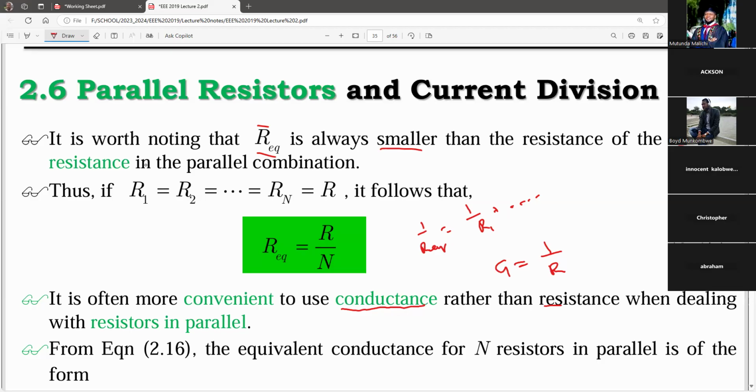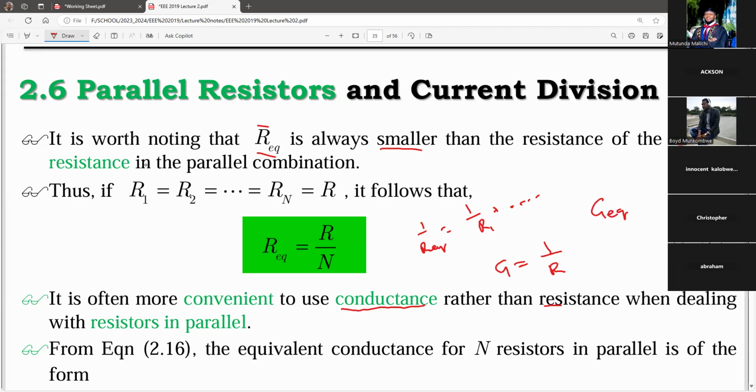To find the equivalent resistance, you have the conductances, you add them, because conductances add when they're in parallel, and you do the opposite when they are in series. So determine the conductance for each resistor connected in parallel, and then add them to get the total conductance.